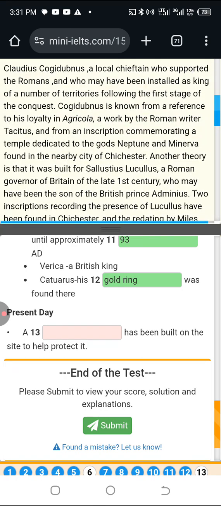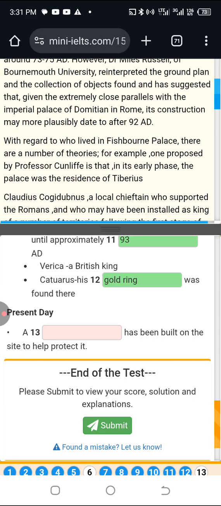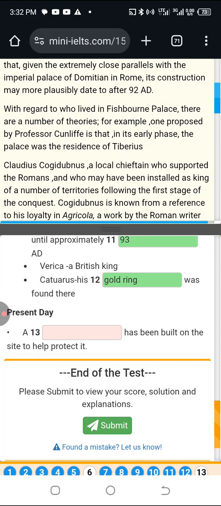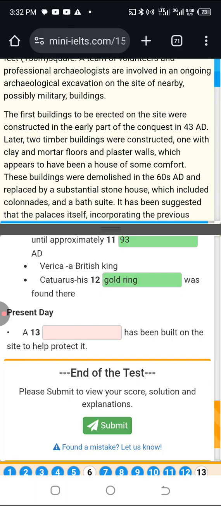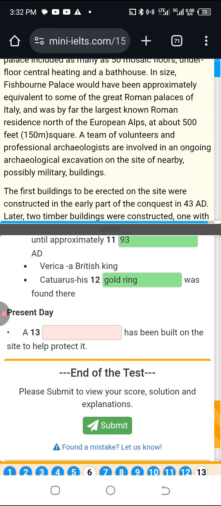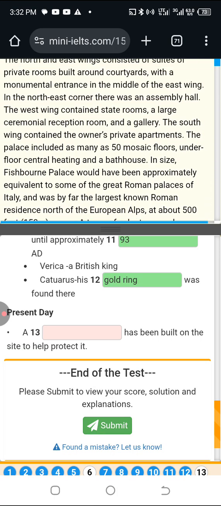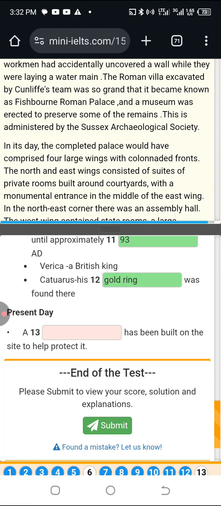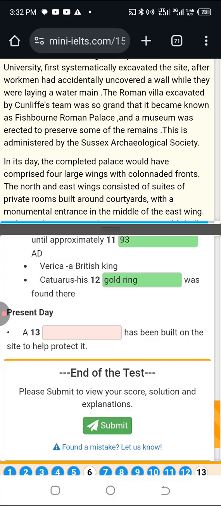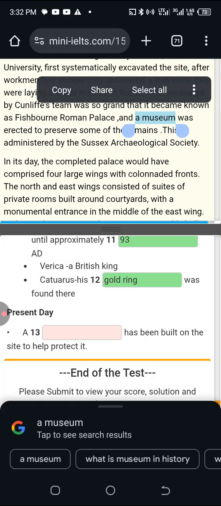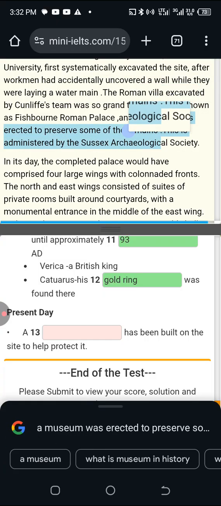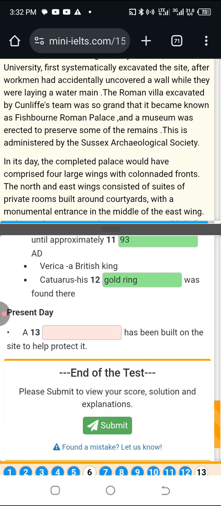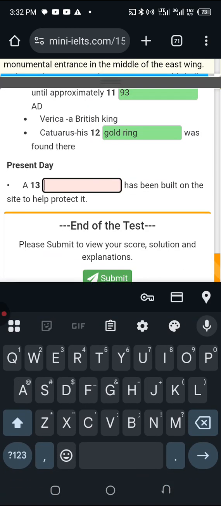I saw museum somewhere at the beginning. They said they built a museum. Where is that museum now? But funny thing is, we hardly go back when it comes to gap filling. But I saw museum somewhere. Look at it. A museum was erected to preserve some of the remains. Museum. So this number 13 is most likely going to be museum.